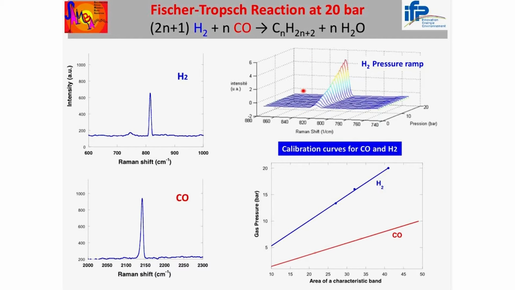We have a linear dependency of the intensity of the line as a function of the gas pressure. And using this kind of monitoring of Raman intensity as a function of the pressure, you can access the calibration curve.